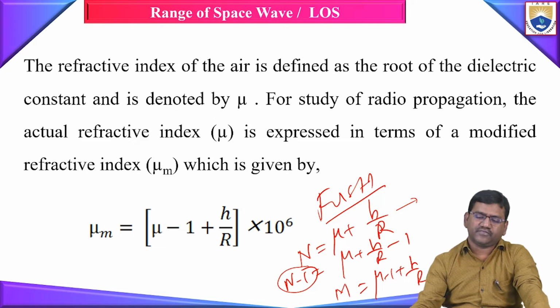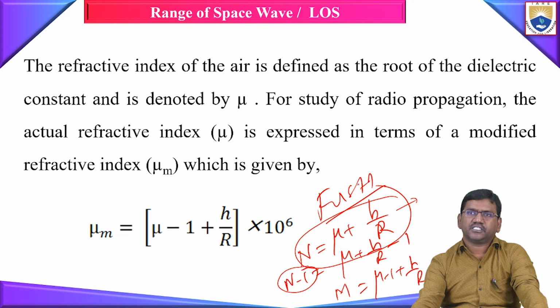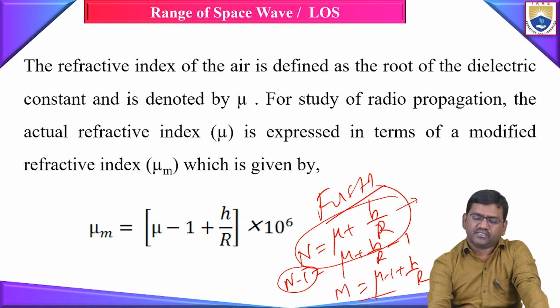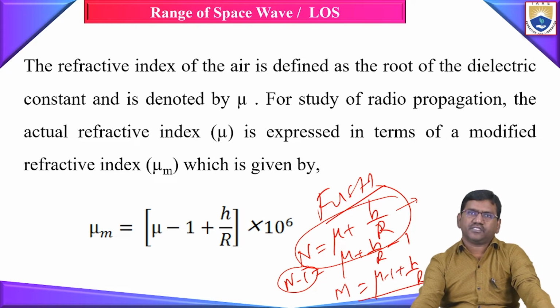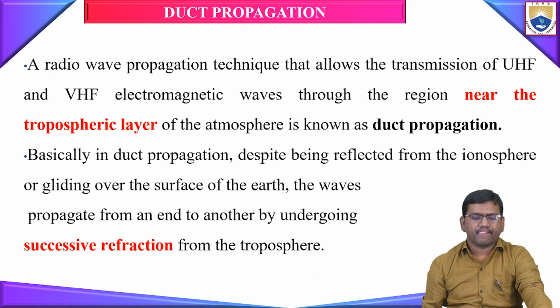So for standard atmosphere, we write simply the refractive index as mu plus h by r, and the modified refractive index for non-standard atmosphere is given as M is equal to mu minus 1 plus h by r.